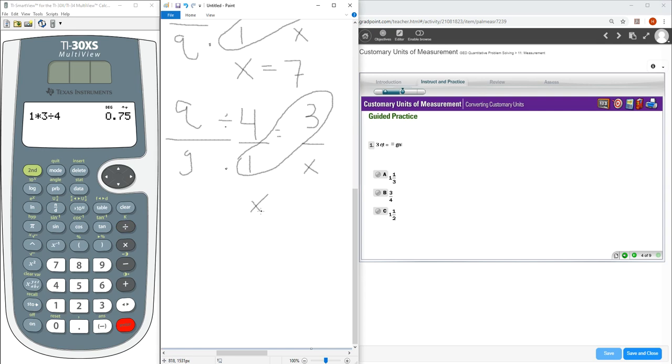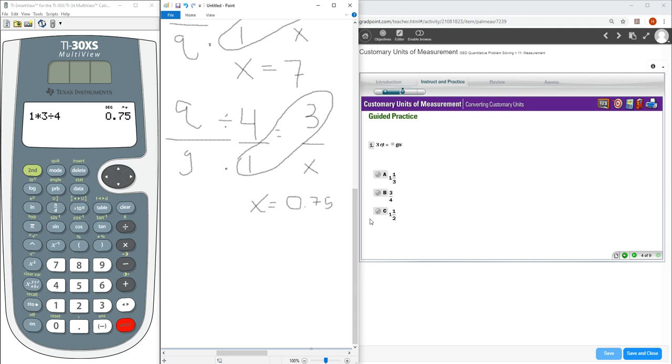So X equals 0.75. In this case, we're going to have to get specific because it says 3 quarts equals how many gallons? Well, 3 quarts equals X gallons. X equals 0.75. So 3 quarts equals 0.75 gallons.